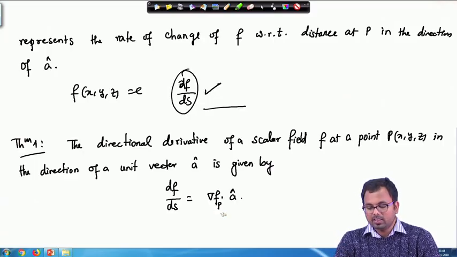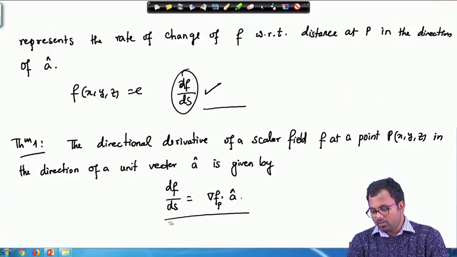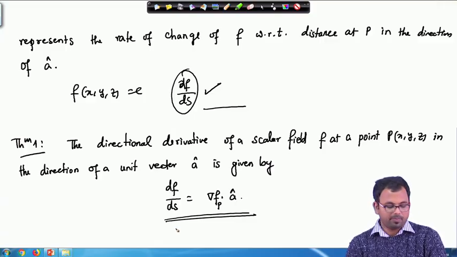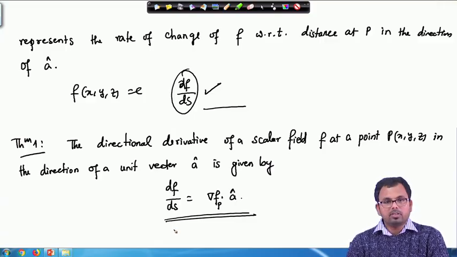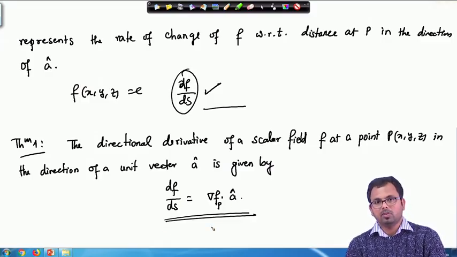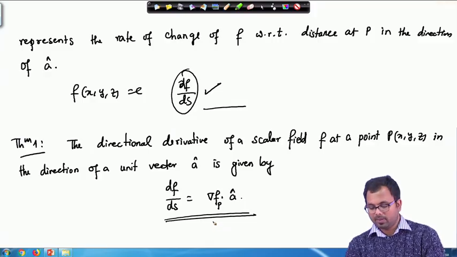This is a very small result, and we will try to prove it and see how df ds equals gradient of f at p times a cap.